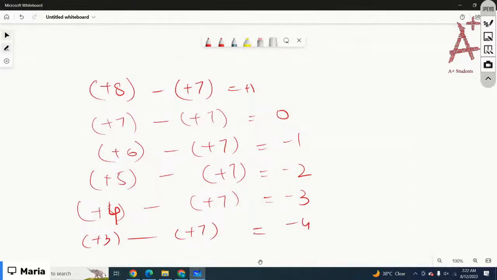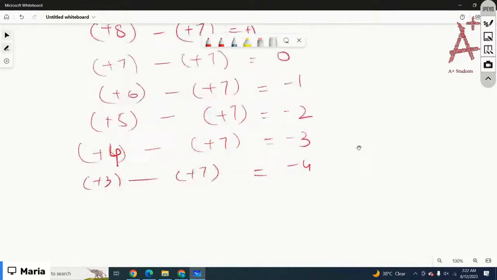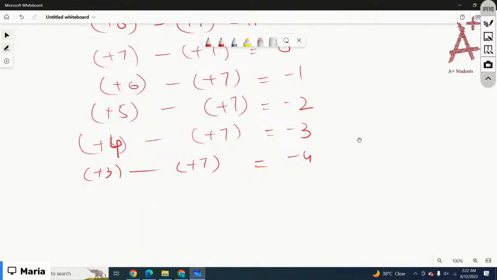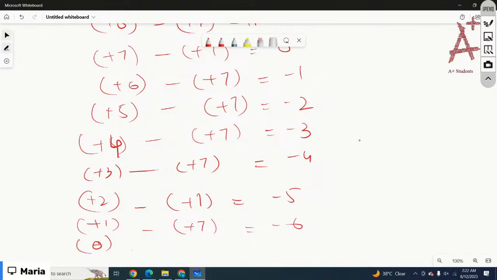We have to go till negative 3. So positive 2 minus positive 7, that is negative 5. Positive 1 minus positive 7, negative 6. Positive 0 minus positive 7, that would be negative 7, right?